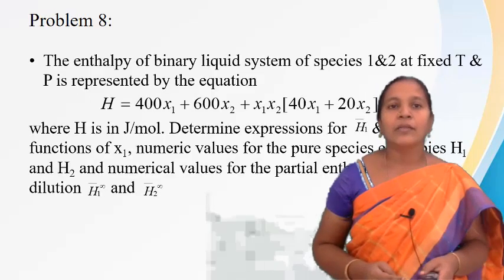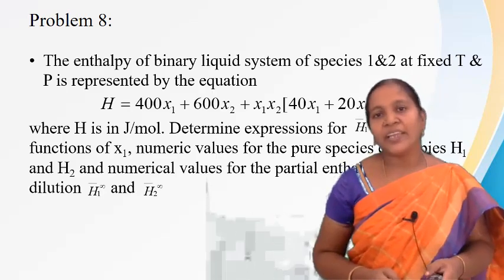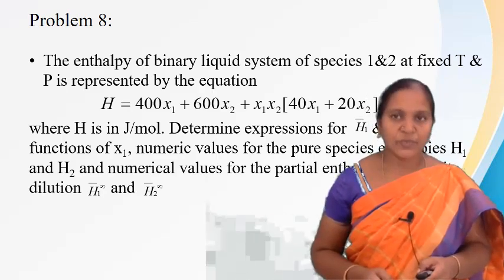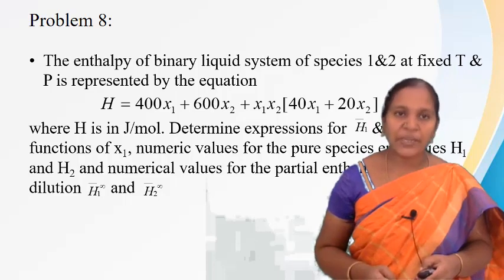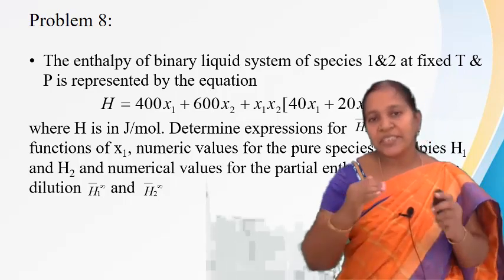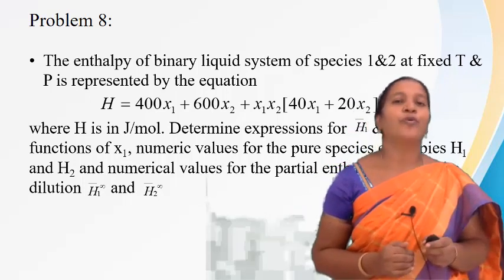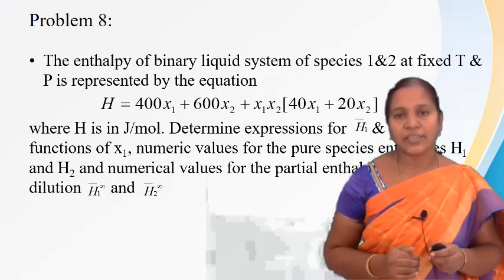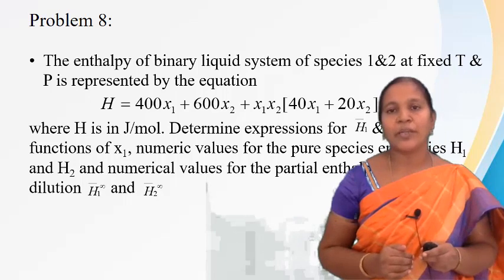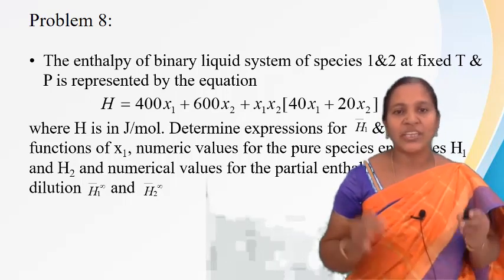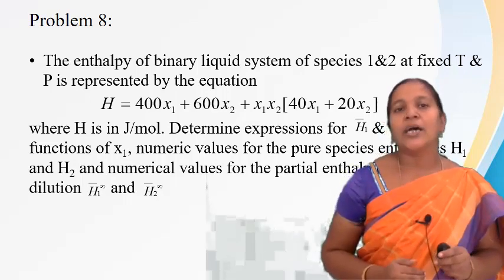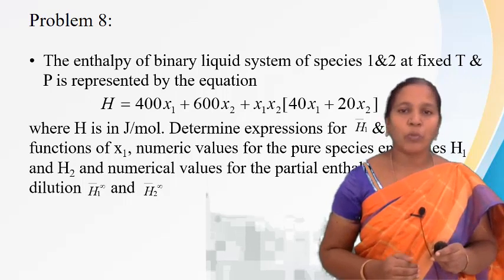I repeat, the enthalpy of binary liquid system of species 1 and 2 at fixed temperature and pressure is represented by the equation H is equals to 400x1 plus 600x2 plus x1x2 multiplied with 40x1 plus 20x2. Here H is in joule per mole.